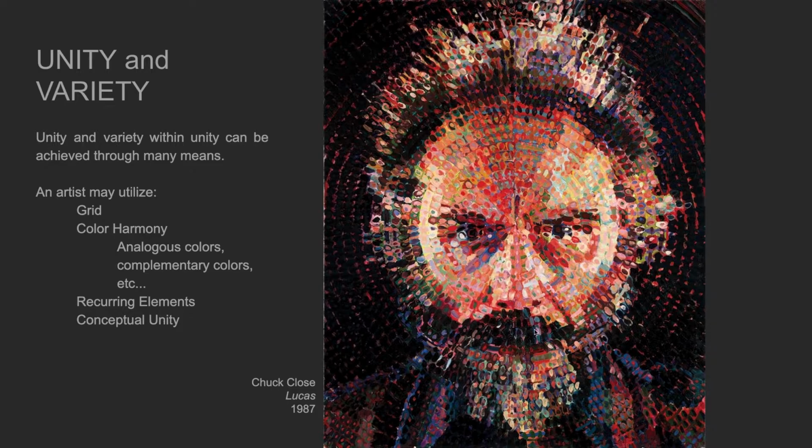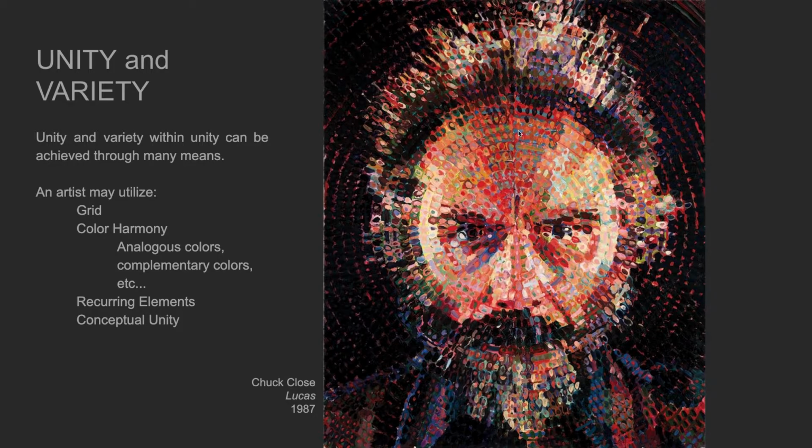There are recurring elements in this artwork. Each grid has a similar shape inside of it, each block. So we have a black oval, we have another colored oval. Many of the ovals have colors inside them.